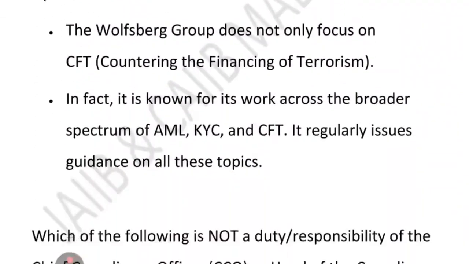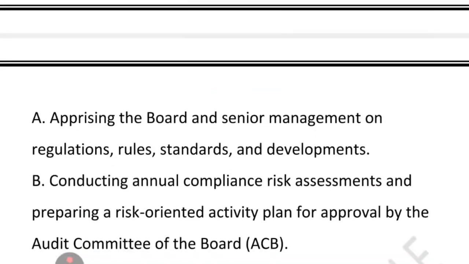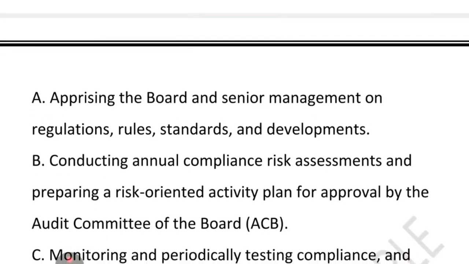Now the next question that we have is a very good question regarding the CCO, Chief Compliance Officer. The question is, which of the following is not a duty or responsibility of the Chief Compliance Officer as head of the compliance function? So not a duty. Remember, the keyword is not. Option A says, apprising the board and the senior management on regulation, rules, standards and developments.